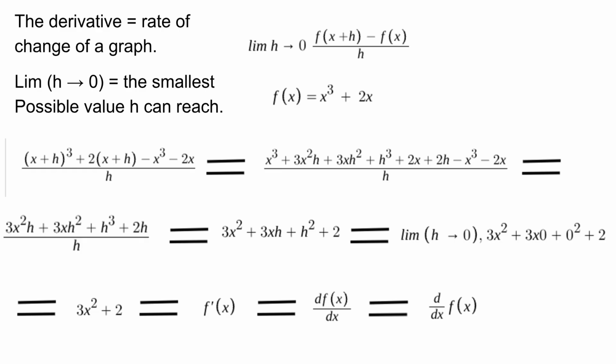For differentiation, we have to use this new notation, which says that the limit of h goes to 0. This is the smallest possible value h can reach. We add that onto the original equation to get the derivative at any given point, which will give us the gradient.